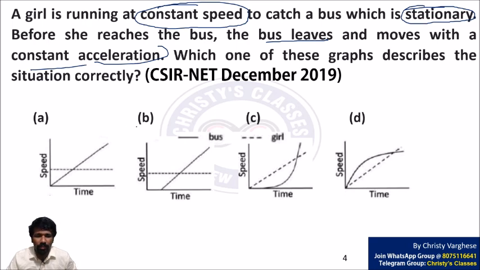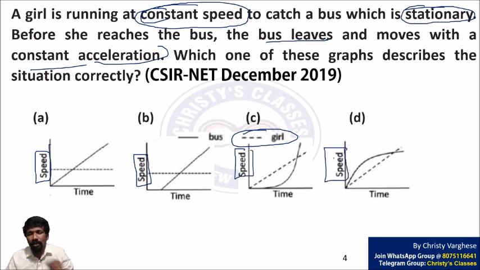Here also, elimination is the best approach. Let's analyze with respect to the girl's movement, denoted by the dotted line. The speed is constant, and look at the axes. This is a speed-time graph, speed versus time. That means as time proceeds, what is the speed of the girl and the bus?